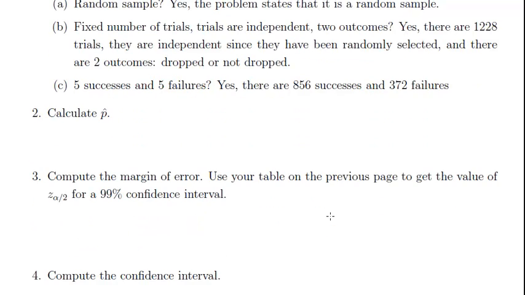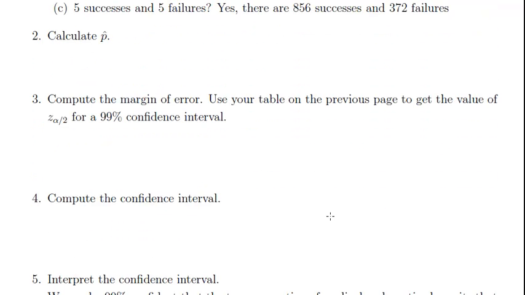Okay, so I'm just going to jump down here. We're going to do this on the calculator as well as by hand. If you're going to do it by hand, the first thing you need to do is calculate p hat. That's your sample proportion. And so my p hat is equal to x, which was 856, divided by n, which is 1,228.